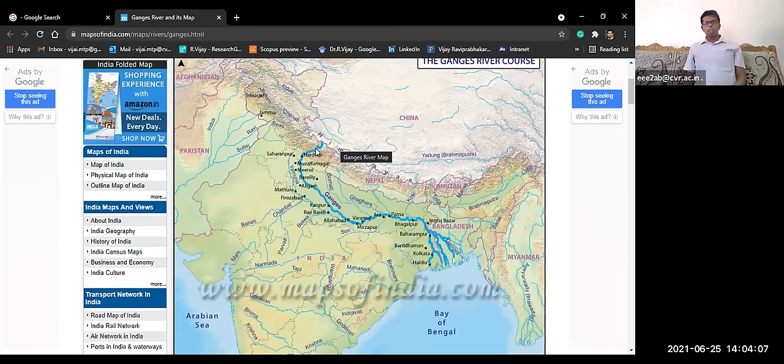It flows inside India, so always, out of 365 days, you will get water for almost 325 days. So you can generate hydropower, and you can find plenty of hydropower plants in this river belt.